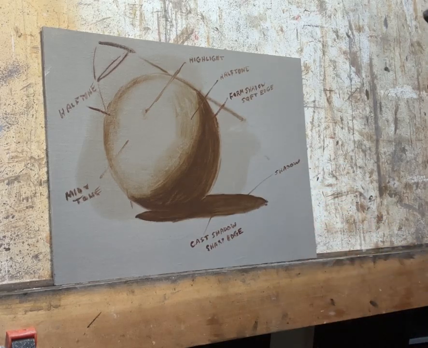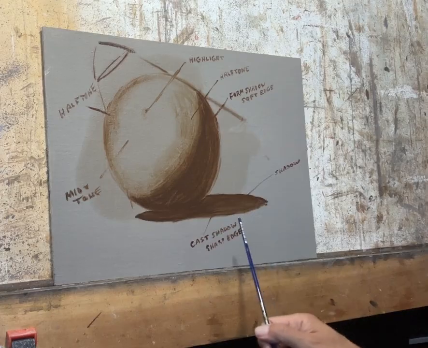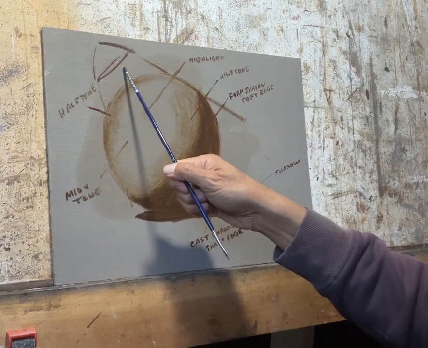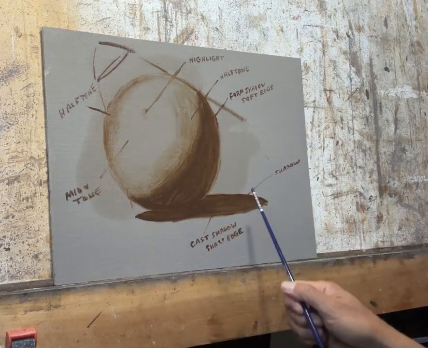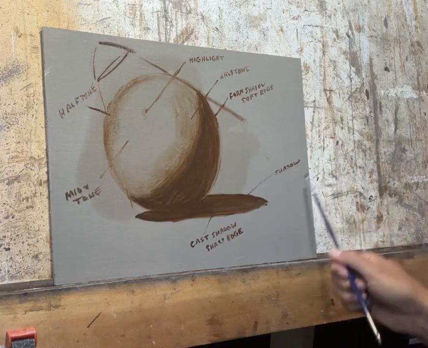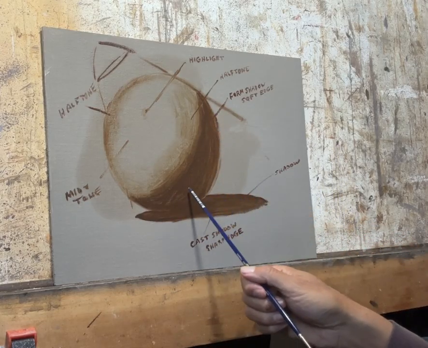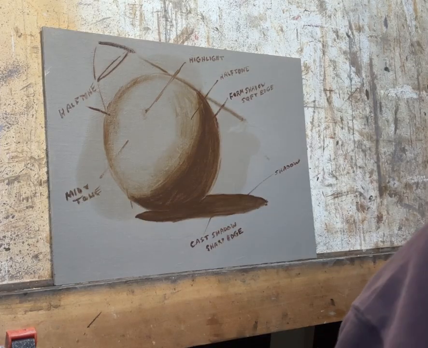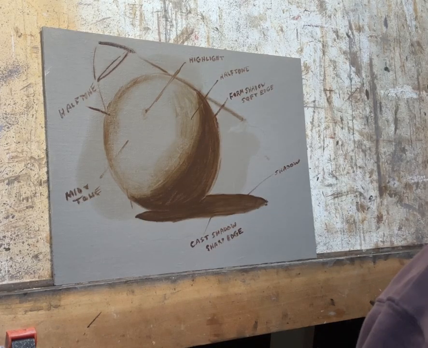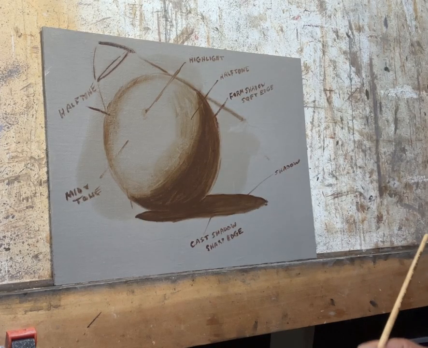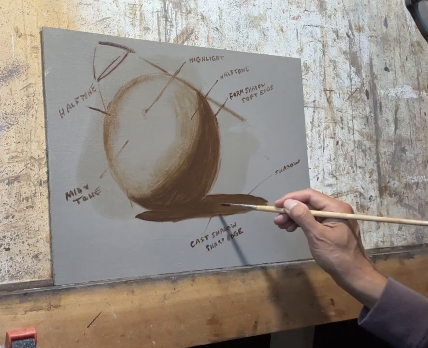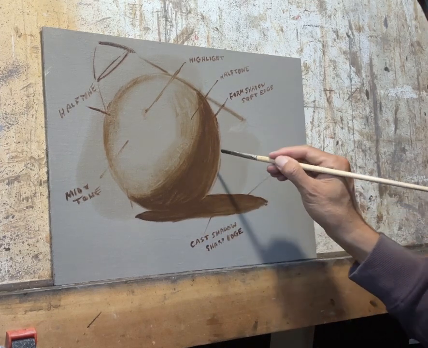And reflected light. Now, reflected light is light that is bouncing off other areas. Here's the light source here, and as it starts to hit the ground or other objects, it reflects back into the form shadow. So it gets a little bit lighter than the cast shadow and the core of the form shadow.